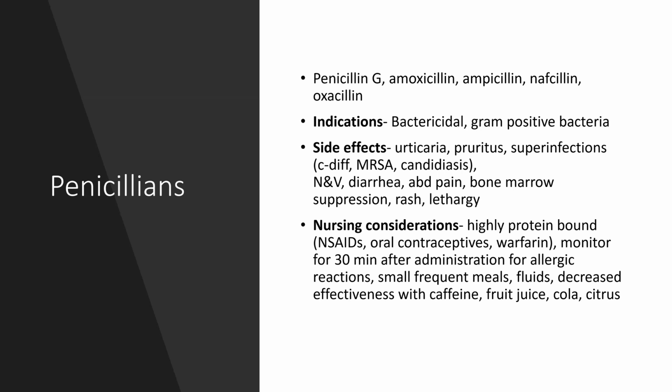It can interact with NSAIDs, oral contraceptives, and warfarin. So if someone is taking an oral contraceptive and prescribed penicillin, you need to make them aware that they should be using a backup type of contraceptive during that time, because their contraceptive will not be as effective. Their warfarin will not be as effective.